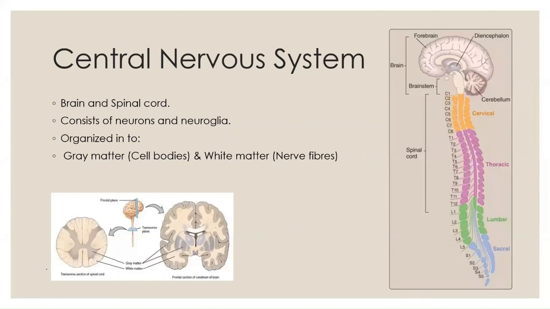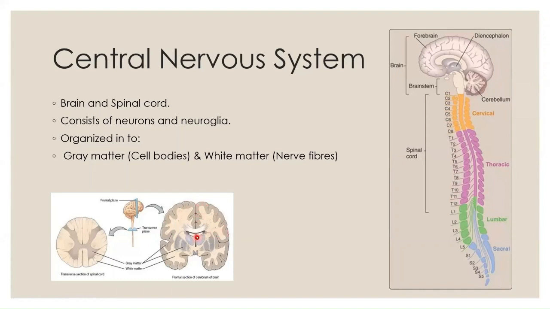Then, if we take a closer look at the central nervous system, it consists of the brain and the spinal cord, and consists of neurons and the supportive cells, the neuroglia. It's organized as gray matter and white matter. Gray matter is the collections of cell bodies. Cell bodies are usually found together, and in the brain, it's found on the outer surface in these regions.